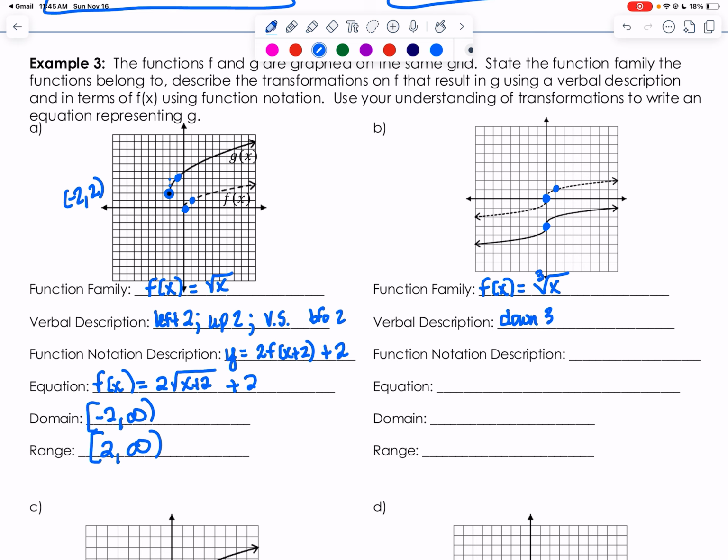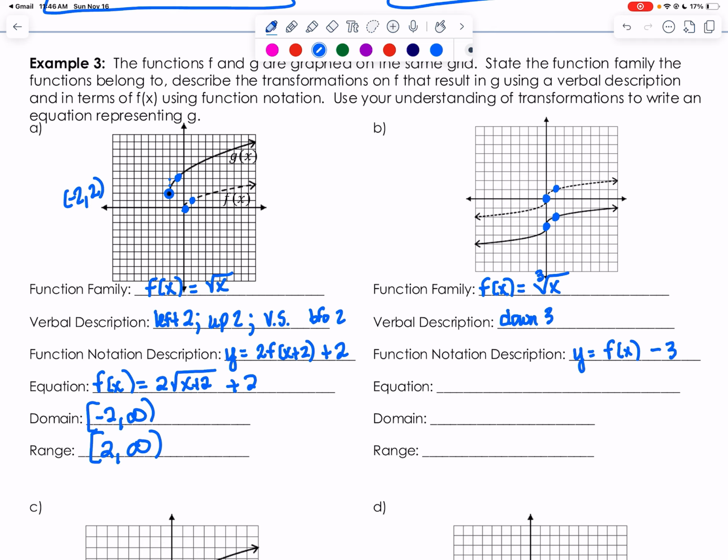Now let's see if there was a stretch or a compression. So if I go up 1 over 1, yes, there's a point there. So there's been no stretch, no compression here. All right, so for our function notation, y is equal to f of x minus 3.